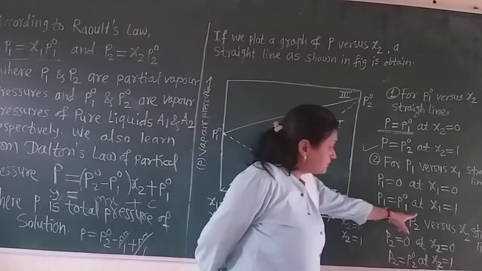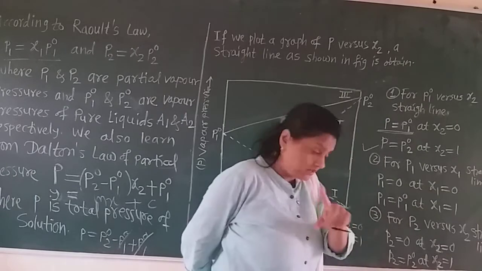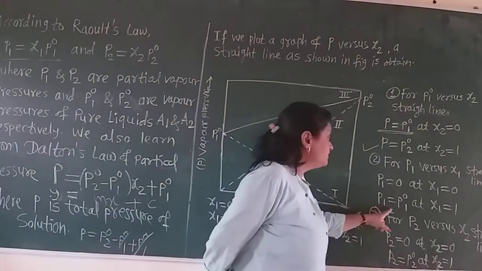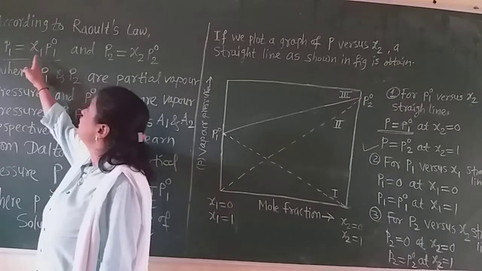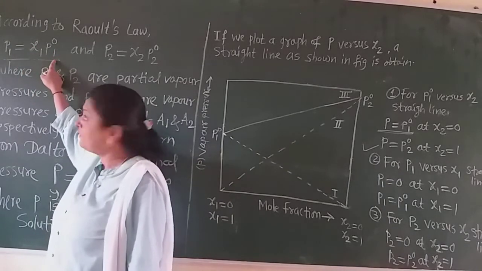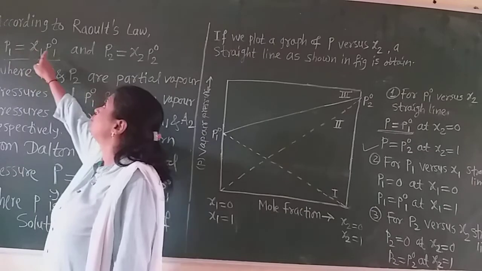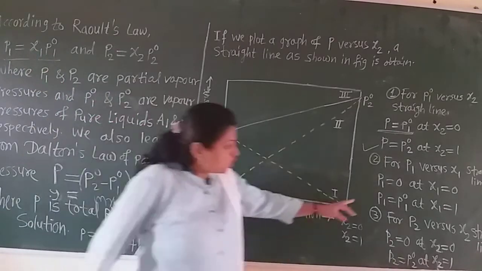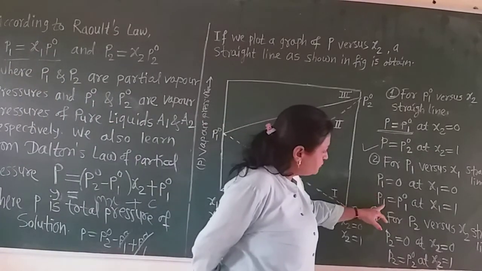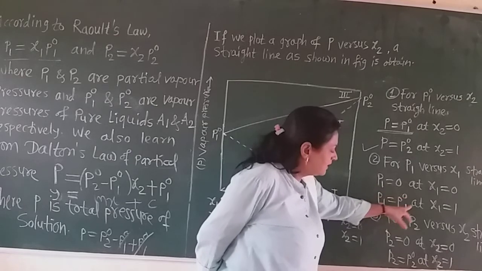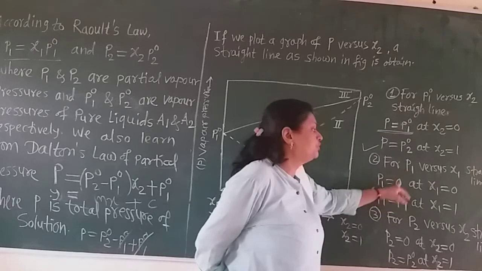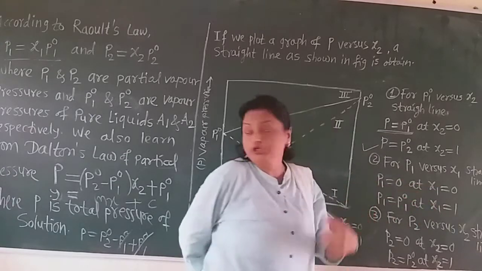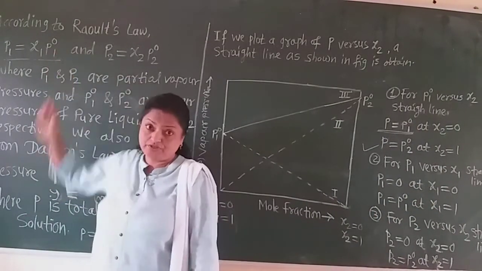But if we substitute X1 equal to 1, then P1 is equal to P01, since 1 times P01 becomes P01. So P1 is equal to P01 at X1 equal to 1 and P1 is equal to 0 at X1 equal to 0 according to this equation.